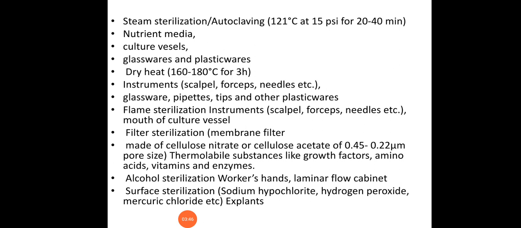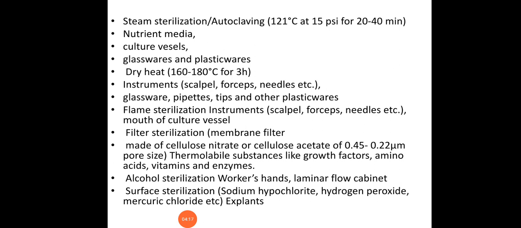Plasticware is also used. Dry heat method: hot air oven at 160 to 180 degrees centigrade for 3 hours, for instruments like scalpels, forceps, needles, then glassware, pipettes, tips and other plasticwares. Flame sterilization: under the Bunsen burner or flame, scalpel, forceps and needle can be sterilized.